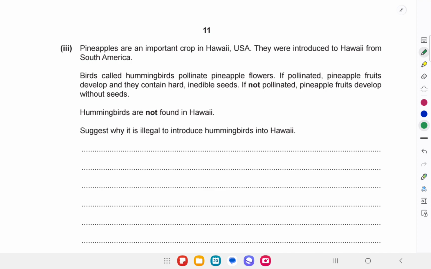And as the pineapples are being consumed by the humans, by the consumers, by the tourists that visit, they don't like the inedible seeds, so it is harmful for the economy, it's harmful for the business. Moreover, hummingbirds may introduce other diseases, and they may compete with other species that are already living there, in terms of food or space, etc.